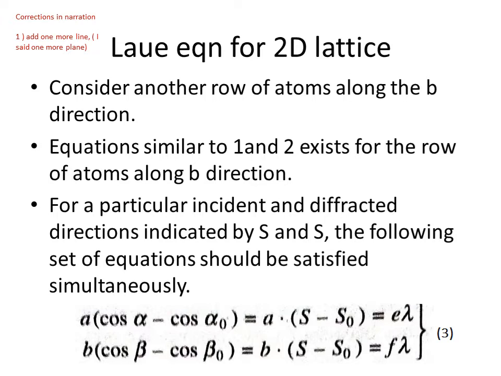That is the case when we are thinking only about one row of atoms. When we add one more row of atoms along the B direction, we have an extra equation. So these two equations should be simultaneously satisfied. That means the diffraction condition is going to be more stringent.